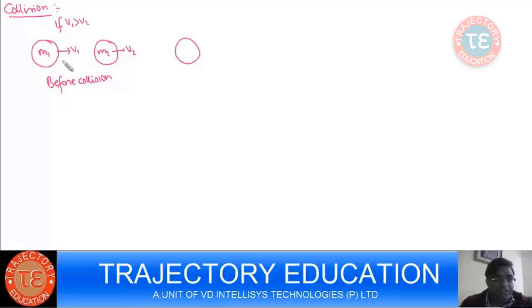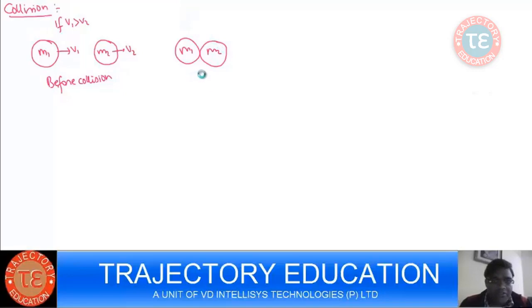The separation between the two bodies is going to fall, and then a time will come when they will collide. This m1 is going to hit m2 from the back. This is m1 and this is m2. When m1 hits m2, see what happens.